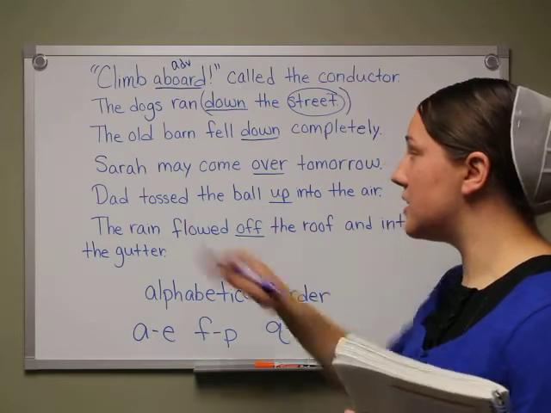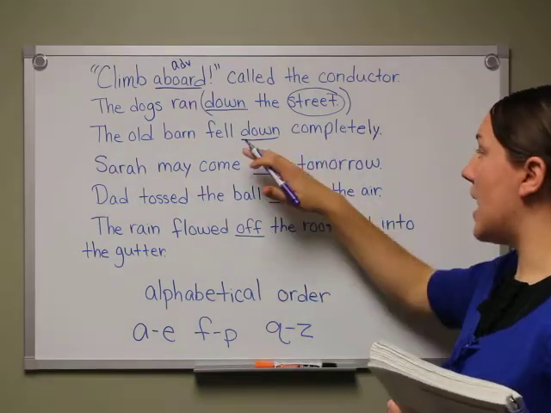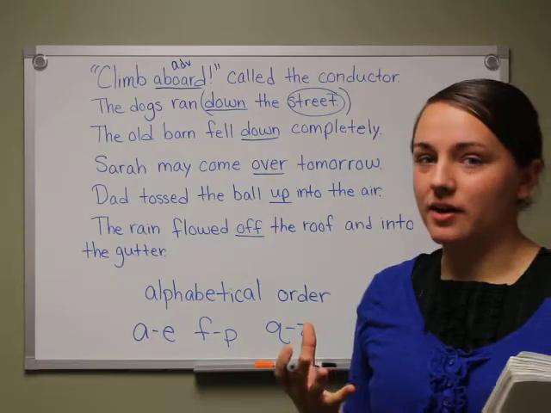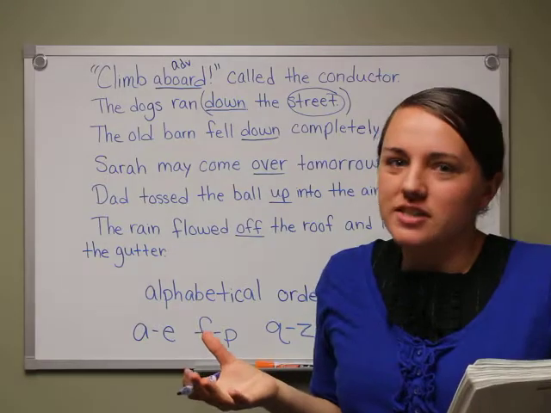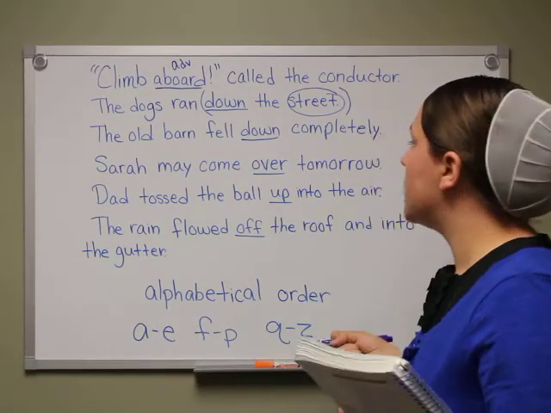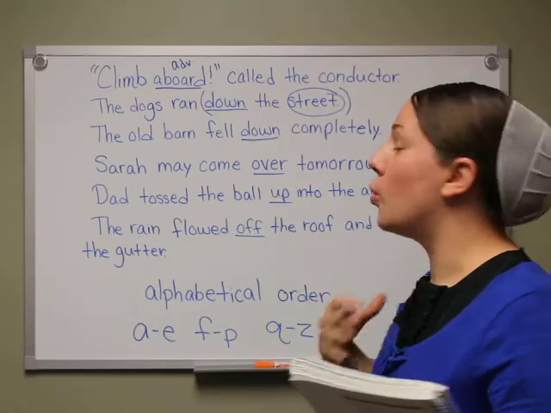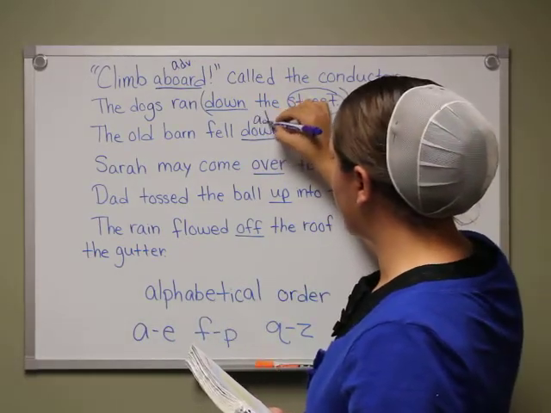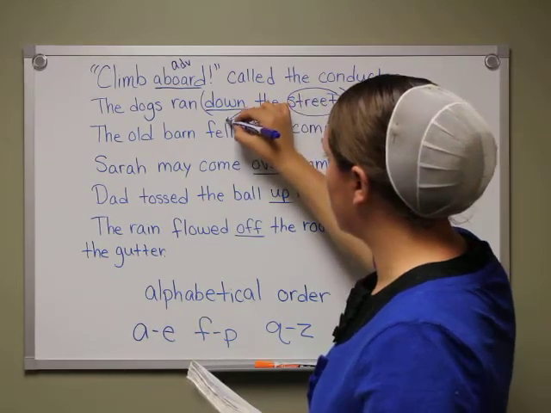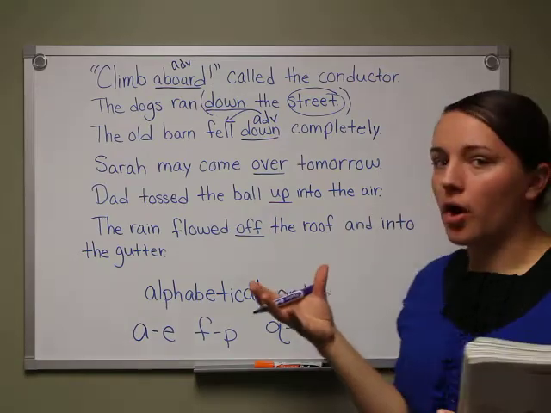The next sentence, the old barn fell down completely. Now, does down have an object after it here? It does not. Completely is not an object. It's not a noun or a pronoun. So, down is an adverb telling where the barn fell. Okay? Adverb describing fell. Next, Sarah may come over tomorrow.